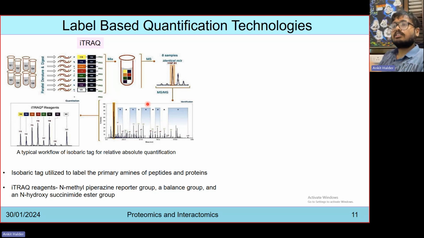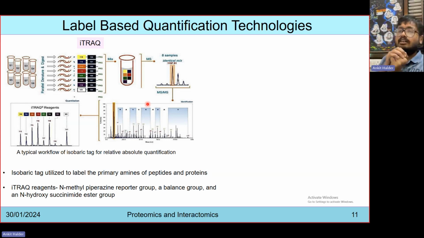The major thing here is to have your samples labeled with certain kinds of tags, where each tag resembles that this is your sample 1, sample 2, sample 3, sample 4. In this way you can have 8-plex iTRAQ, where you can label 8 samples of different conditions, for example control and disease, and the tags show which sample each belongs to.